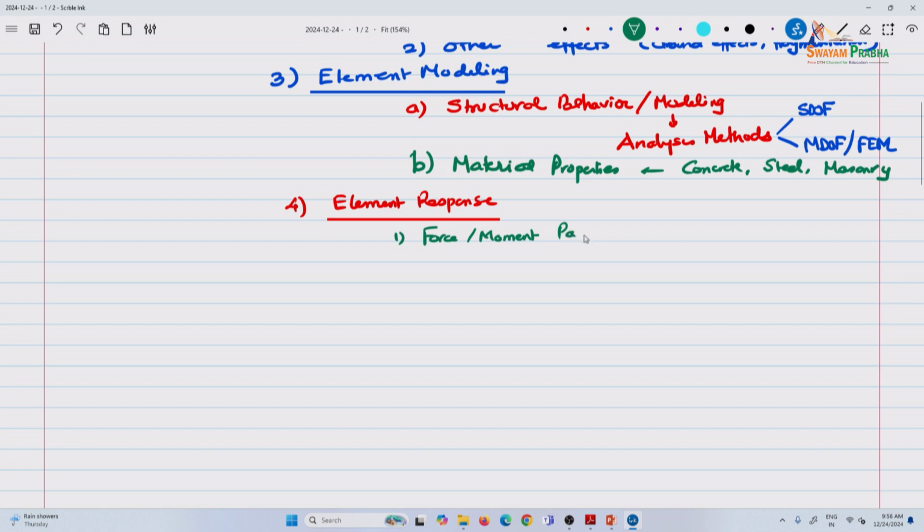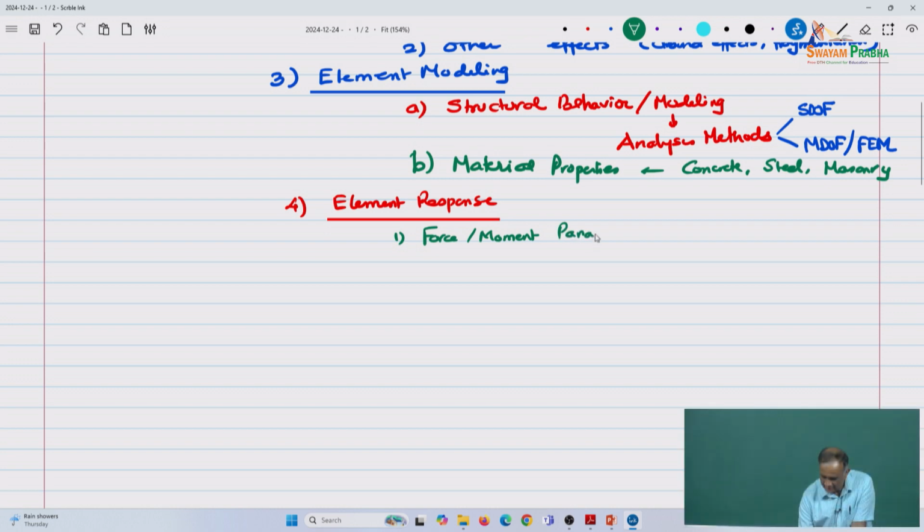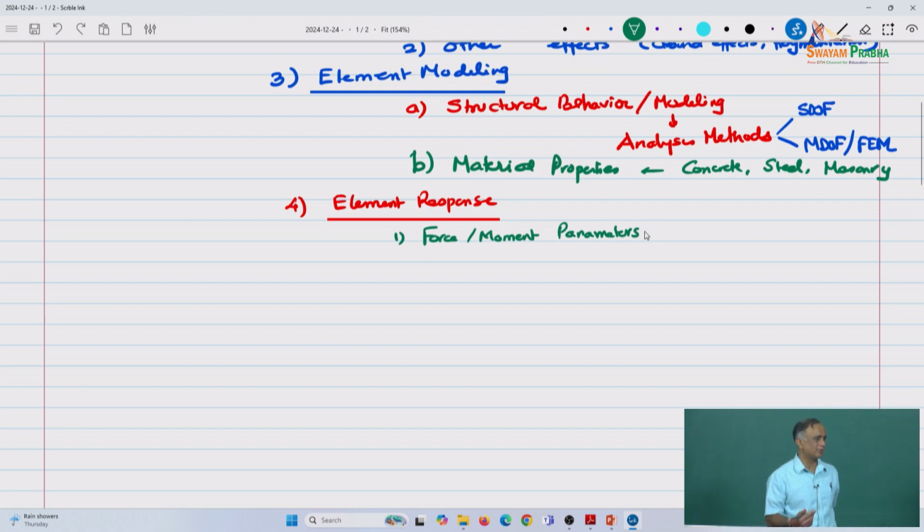So force, how do you convert what you get? Even if you do single degree of freedom systems, you are not going to get the force and moment in some of the programs unless you write a code in MATLAB or whatever to convert everything. You're still not going to get it directly, but how do you take the parameters you get and convert it into something that you can design?